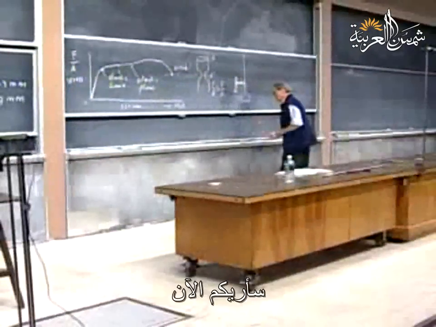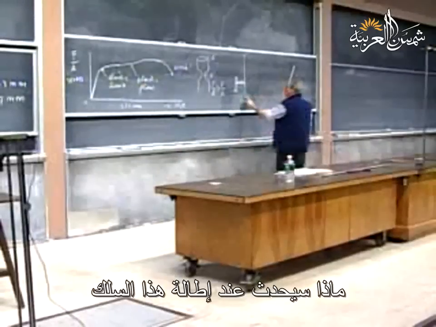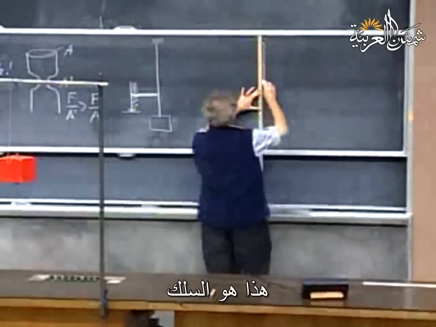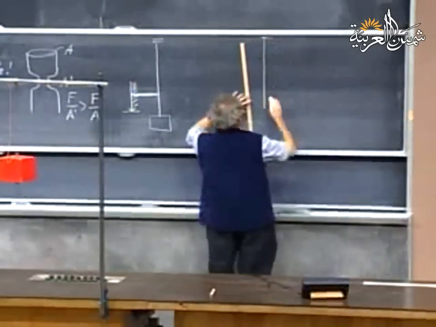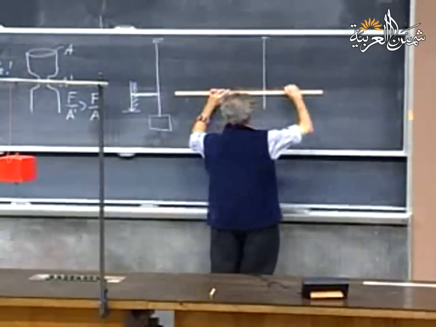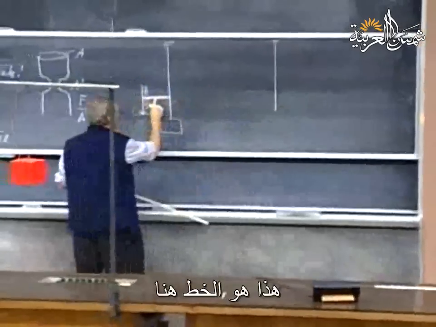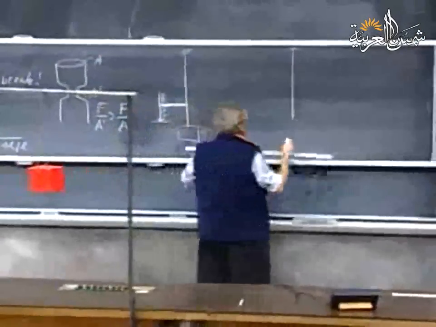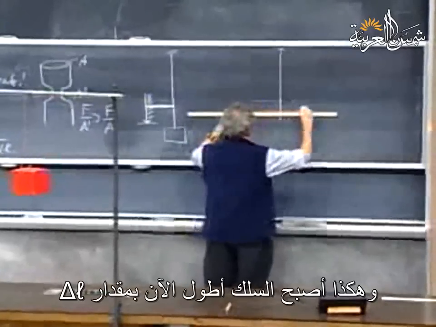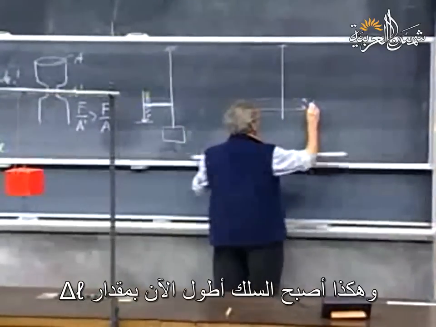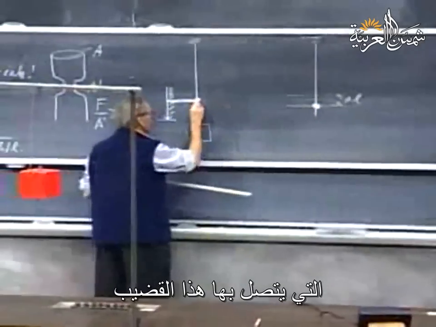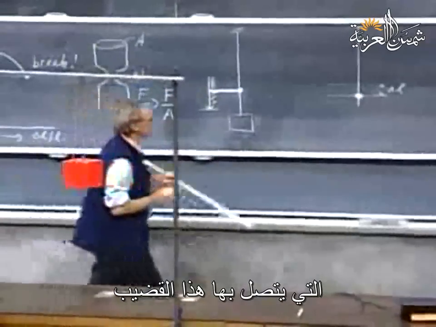And so now I will show you what happens when this wire gets longer. So here's the wire. And this is where this line here. But now the wire has become longer. So the wire is now longer by an amount delta L. So this is now the point where this rod is attached.